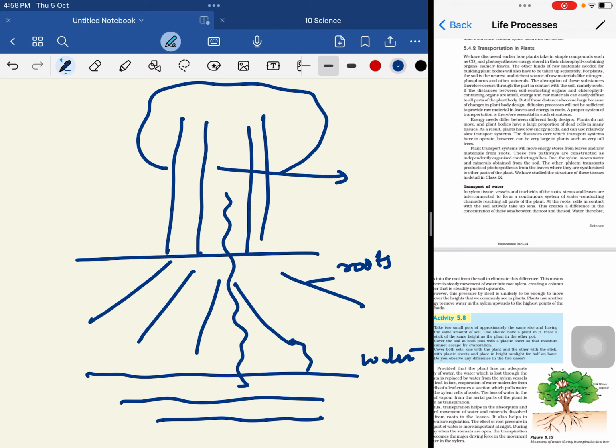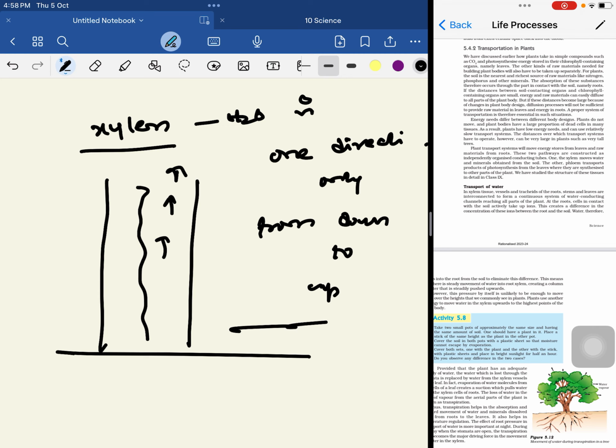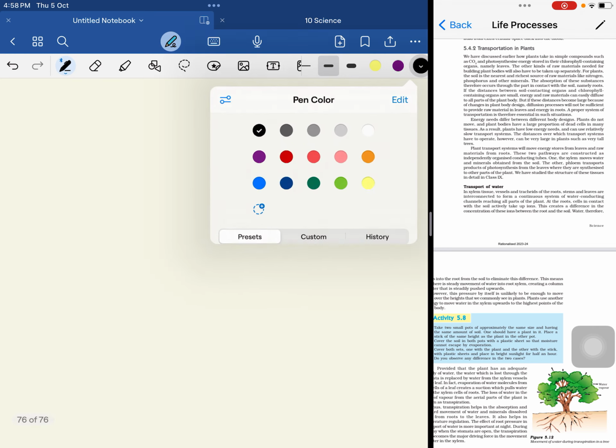The xylem is a specialized structure present in the center of the plant, especially helpful for the transport of water in one direction only, from down to up. What causes this?